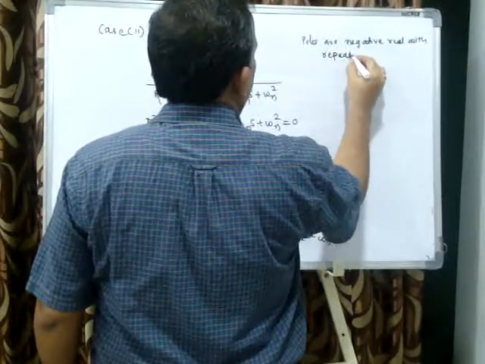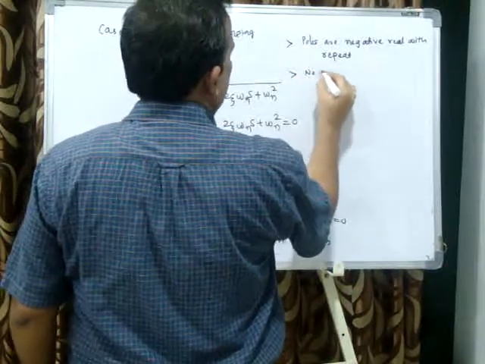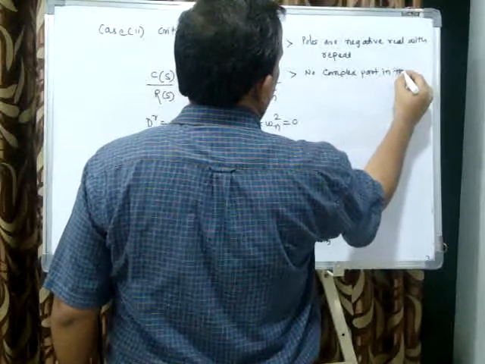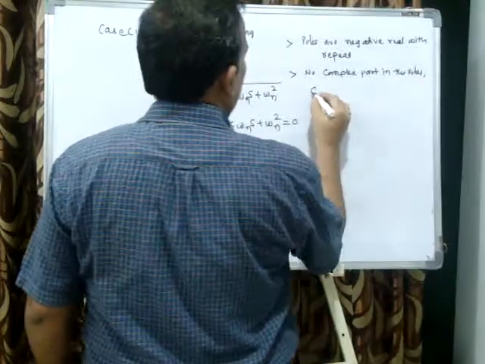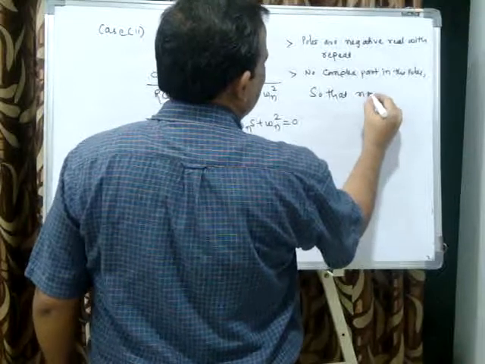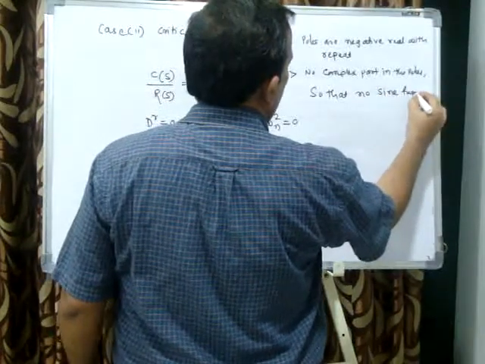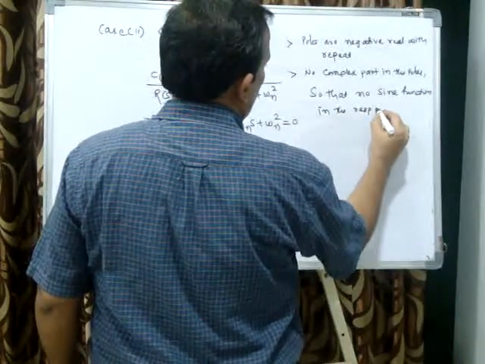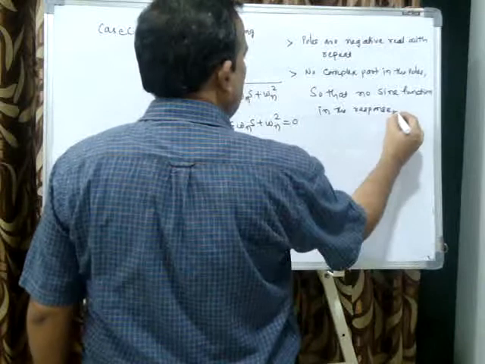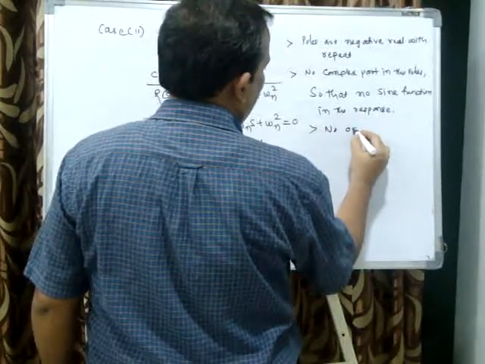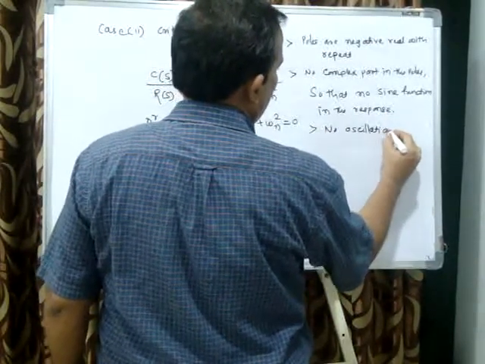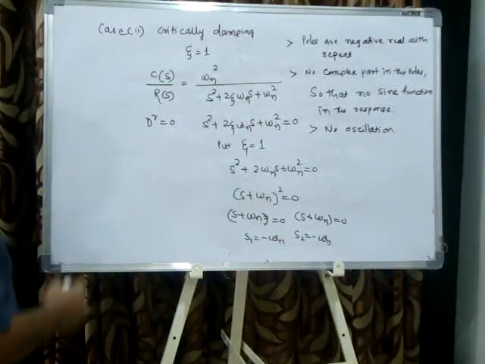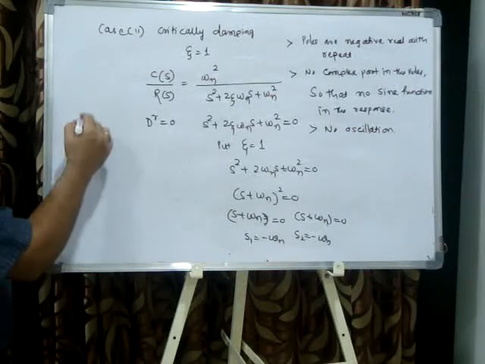No complex part in the poles, so that no sine function in the response. No sine function in the response means what? No oscillation in the response. These are the three inferences when the system is critically damping.